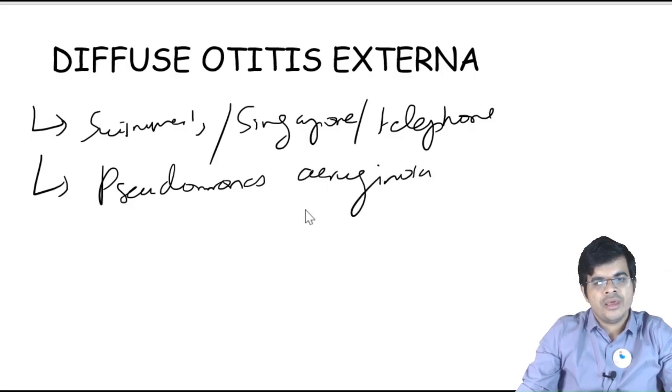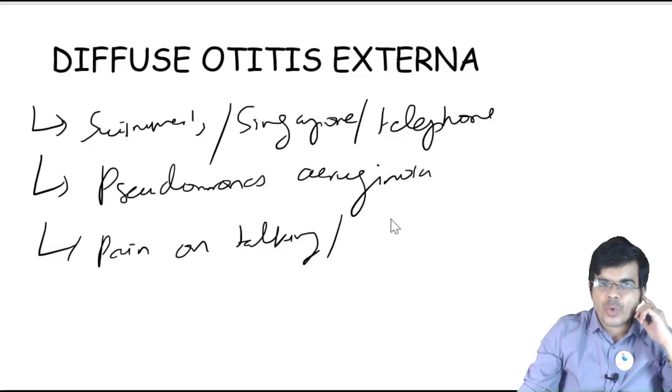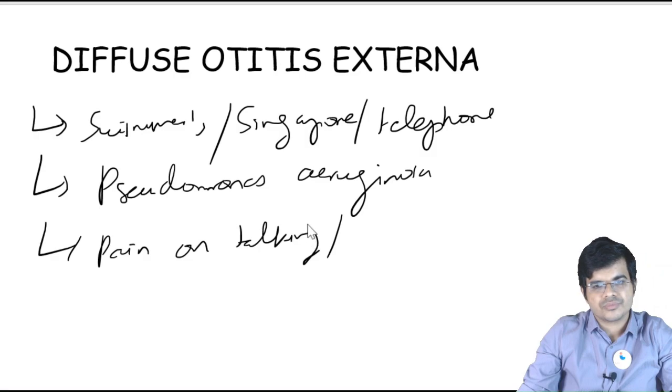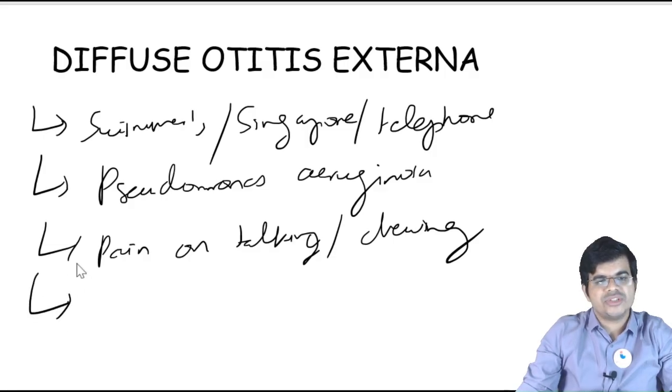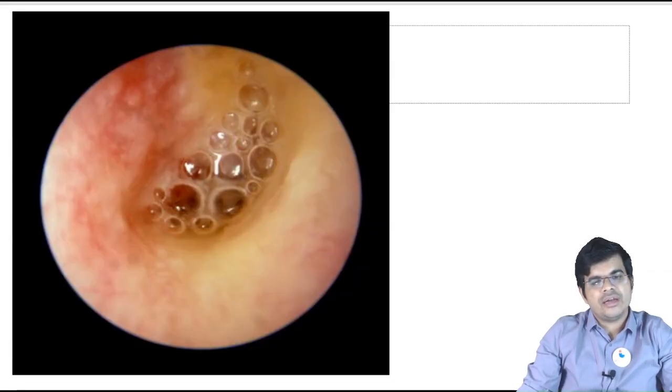And there will be pain on talking and eating, because of the movement of temporomandibular joint causing movement in the area of the external auditory canal. And on examination we will be able to see that the external auditory canal is edematous like this. Okay, it is having severe edema, and also you can see purulent ear discharge.